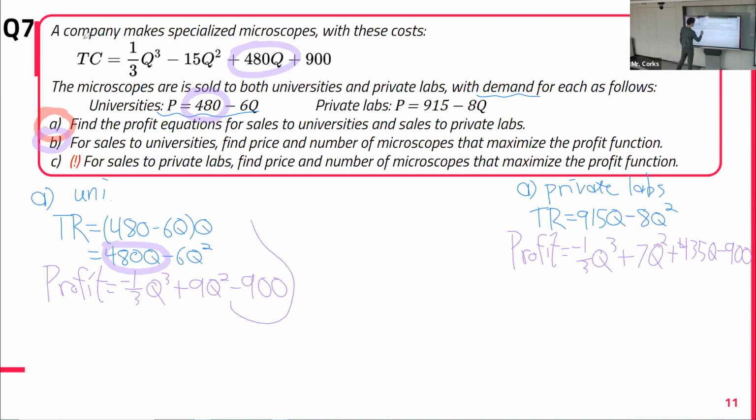To find our max profit, we find the first derivative of our profit equation, which is -Q squared plus 18Q. We set this equal to 0.